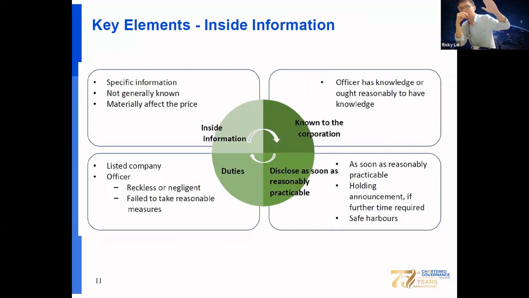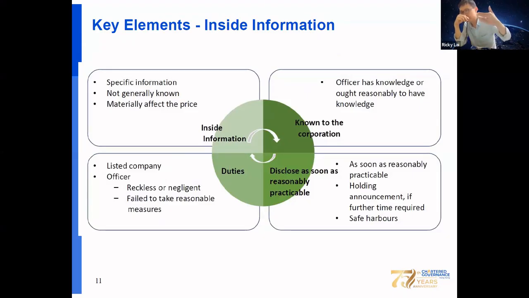When you study the topic of inside information, first of all, what are the three key elements of inside information? If there is any inside information, who has the duties? Including that known to the corporation, that is the directors and officers, who have the knowledge or ought reasonably to have the knowledge of the inside information.